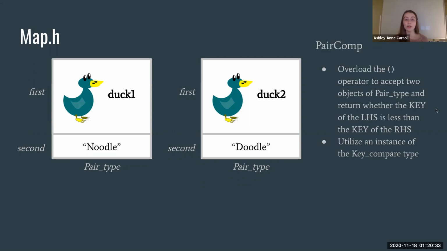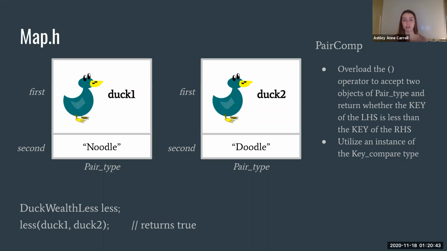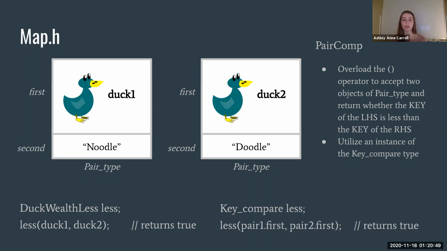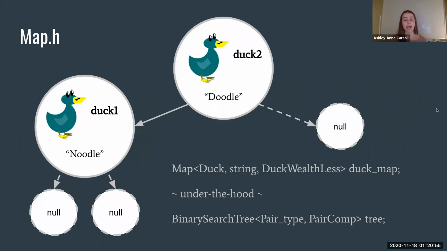We're going to overload the call operator just like before, but this time we'll pass pair type objects as parameters. Just like we used duck wealth less to compare two duck values, we'll need to instantiate our key compare type to compare our keys in each pair. So if we had a map with types duck, string, and duck wealth less, under the hood, it would really look like this. And our binary search tree would store pair type data and compare data using pair comp.